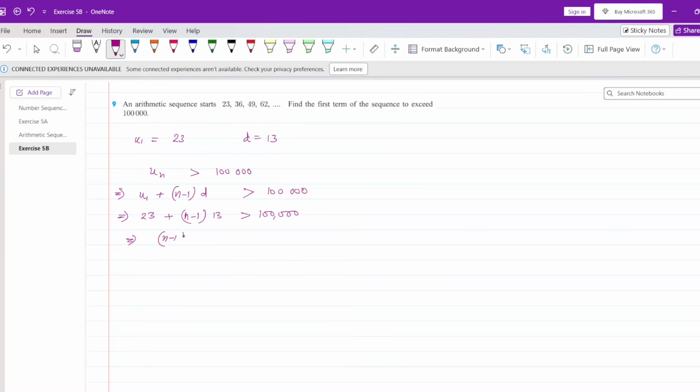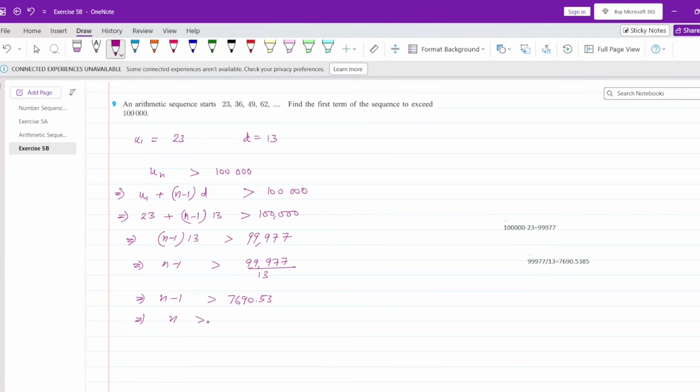Now n minus 1 times 13 should be greater than 100,000 minus 23. That is going to be 99,977. n minus 1 should be greater than 99,977 divided by 13. If we calculate this, n minus 1 should be greater than 7690.53.